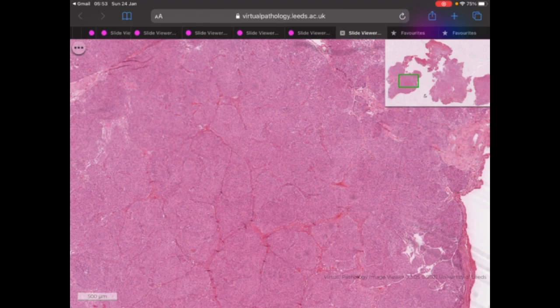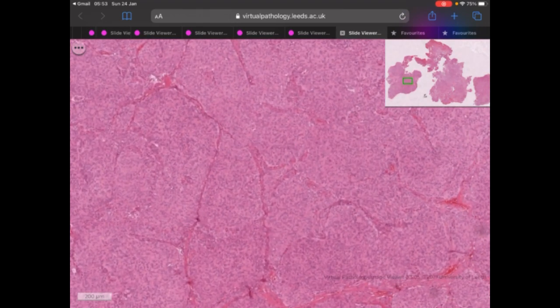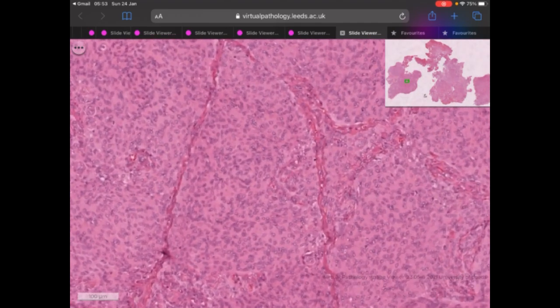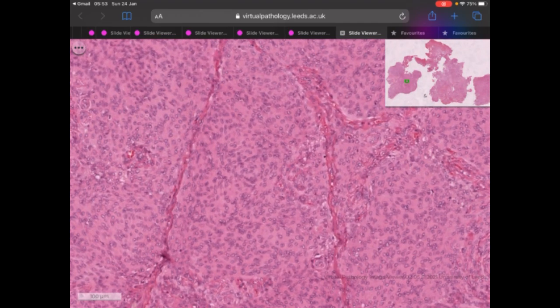Composed of multiple fragments, you can appreciate there are 4 fragments of tissue here. They are all harboring tumor, and the tumor is arranged in these lobules separated by septae. You can appreciate the nesting pattern of the tumors, and it exhibits a whirling pattern.